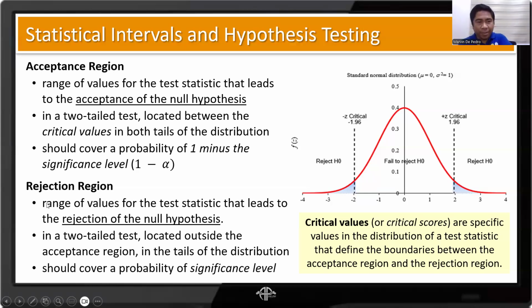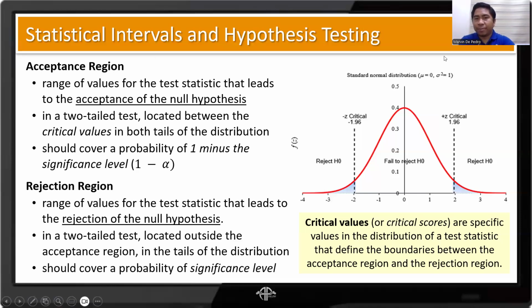The rejection region is the range of values for the test statistic that leads to the rejection of the null hypothesis. In a two-tailed test, these are located outside. If it's a one-tailed test, then we only have one tail, either on the leftmost part of the curve or on the rightmost part. The rejection region should cover a probability equal to the significance level.